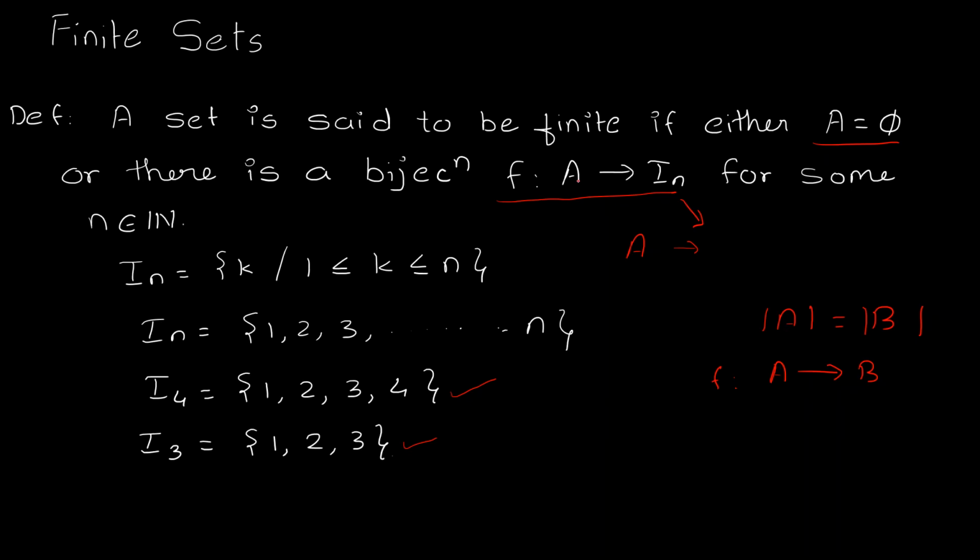Similarly, the same concept goes here. If there exists a bijection from A to I_n, that means the cardinality of A is the same as the cardinality of I_n, and I know that the cardinality of I_n is n since it contains n elements.